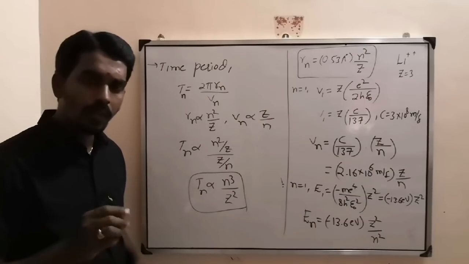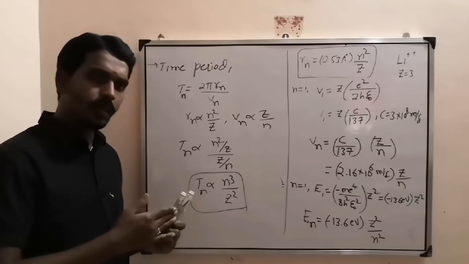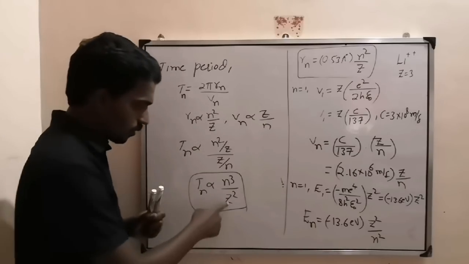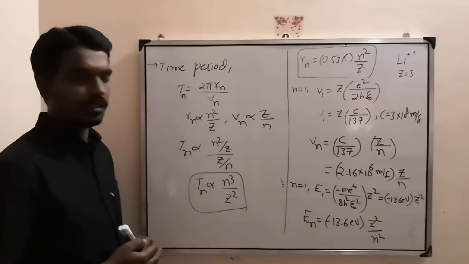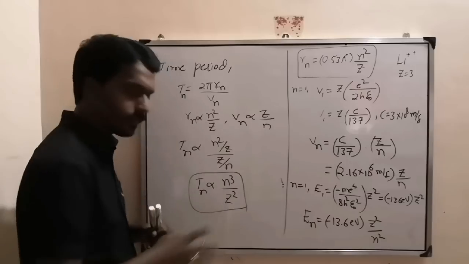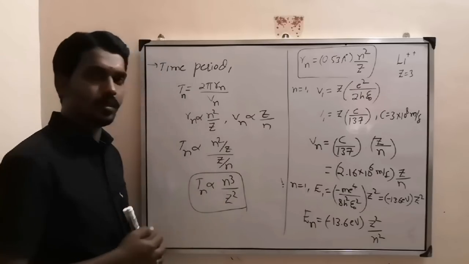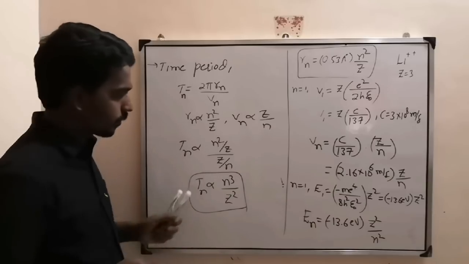So the ratio of time periods for two different electrons, third orbit, fifth orbit, like that, you can substitute. For one atom, Z is the same. For two different atoms, if they mention, then Z1, Z2, that ratio also you have to take.